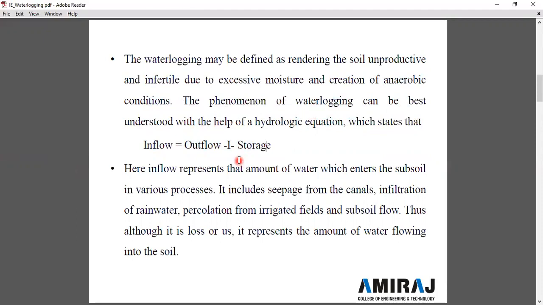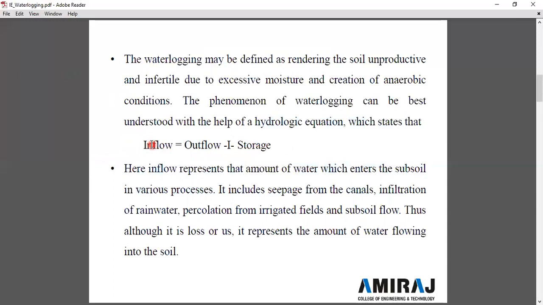If there is excessive water inflow compared to the outflow, the consumption by the crop roots, and the storage, there are chances of waterlogging.